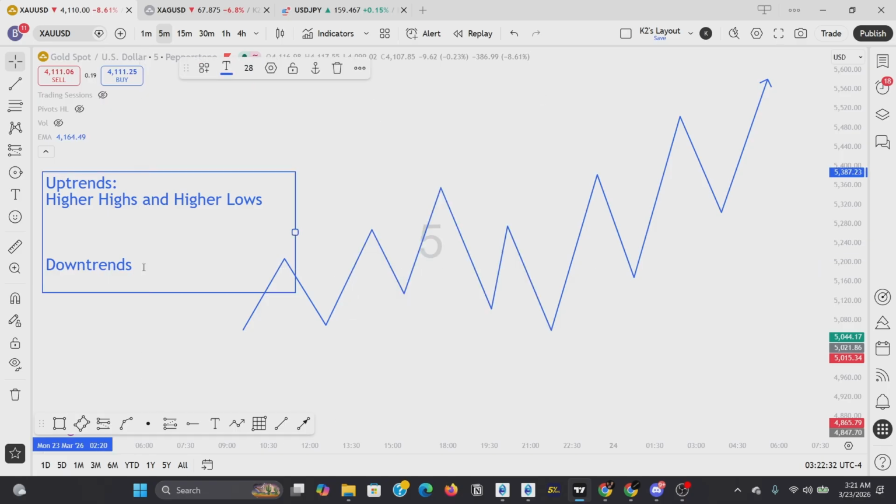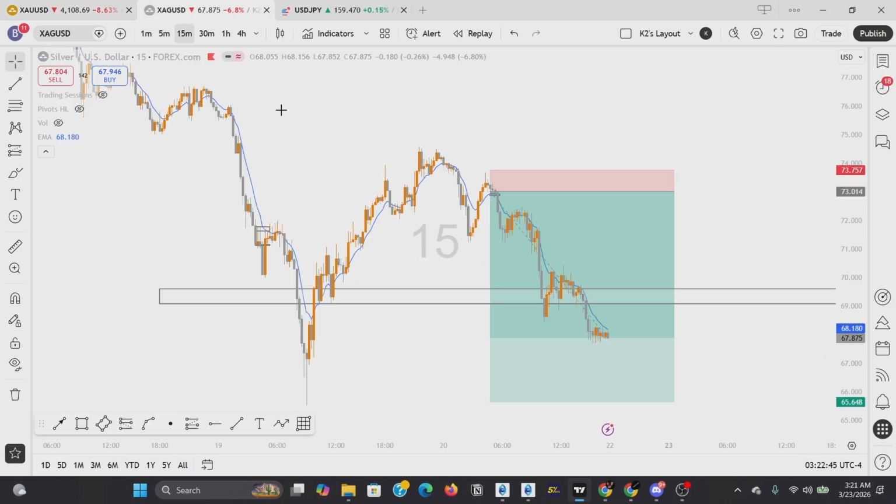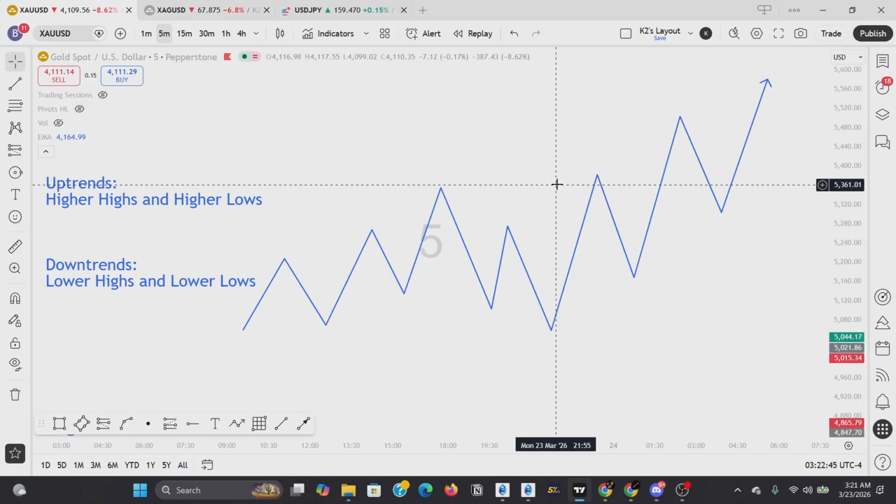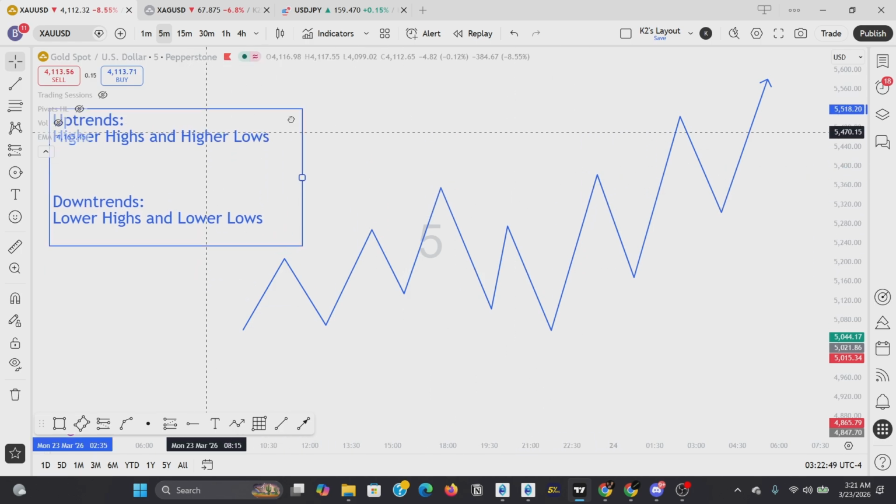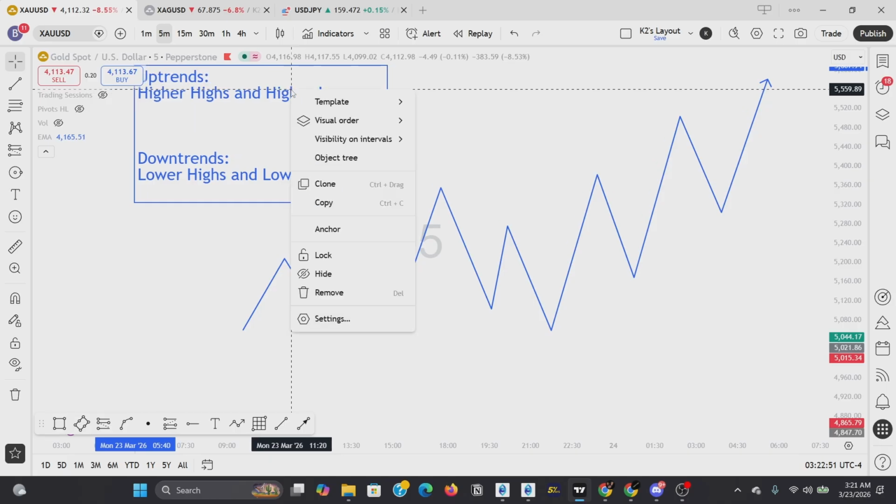Downtrends will always have lower highs and lower lows. So an uptrend will always have higher highs and higher lows. Downtrends will always have lower highs and lower lows.